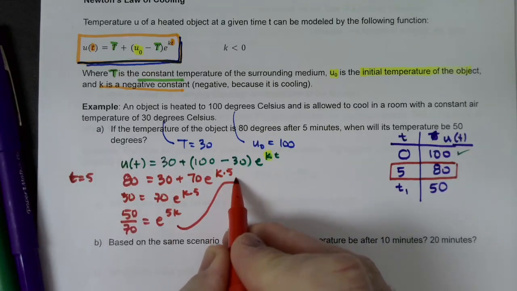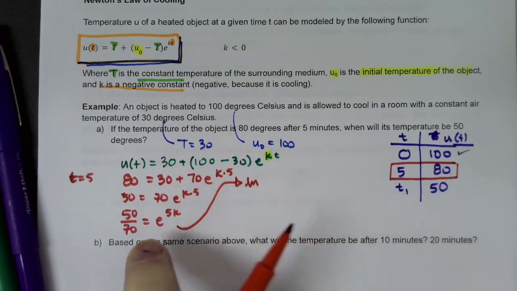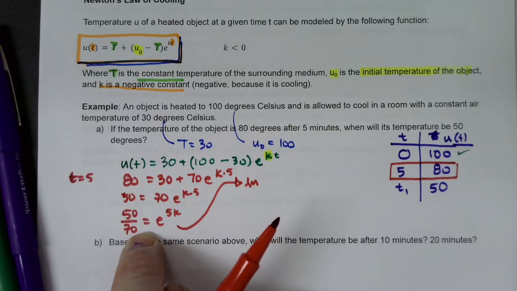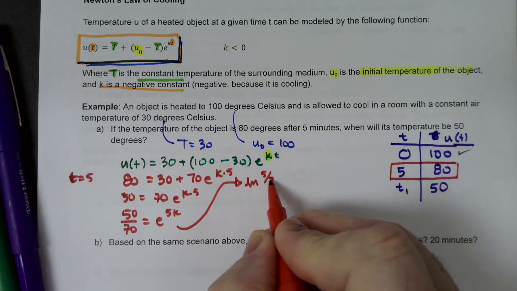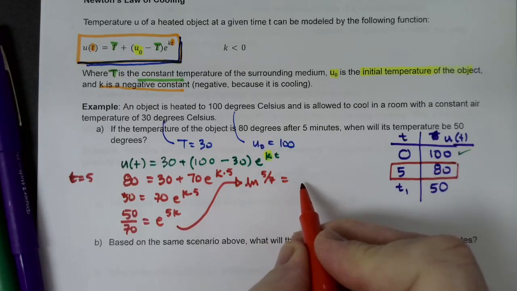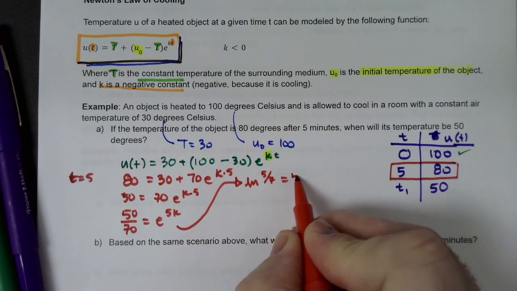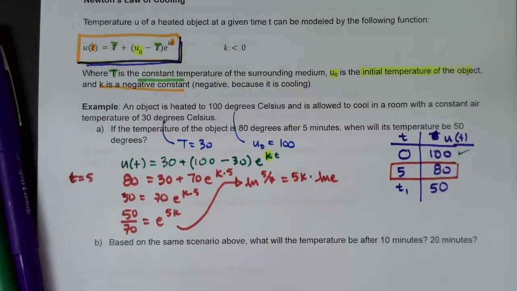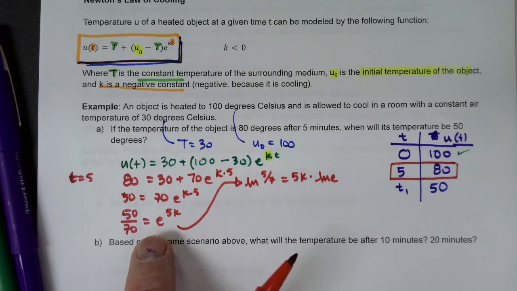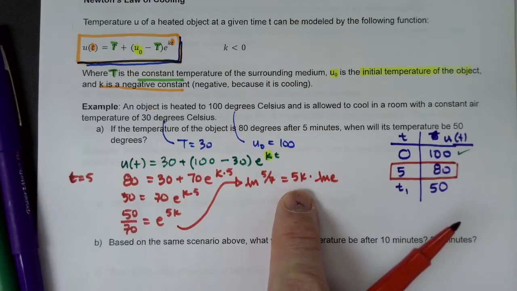So what's that going to look like? This will be the natural log of 50/70ths, which of course I'm going to simplify to 5/7 equals 5K times the natural log of e. And again, I just skipped that step there because I know why I'm taking the natural log of both sides, so that this exponent can come out as the coefficient.